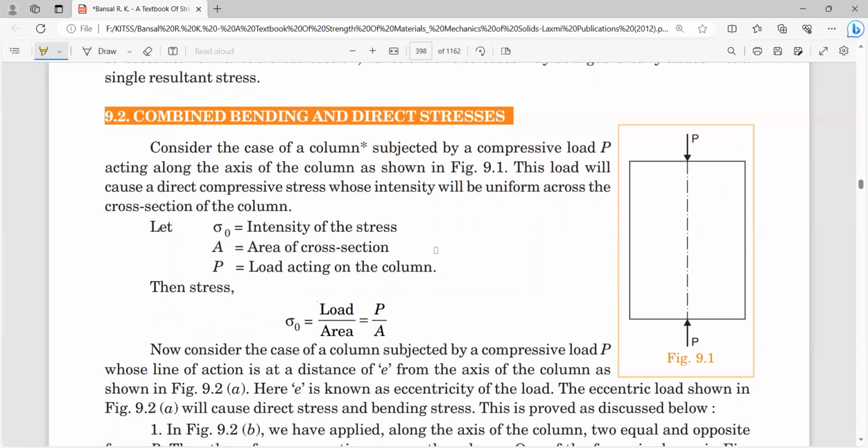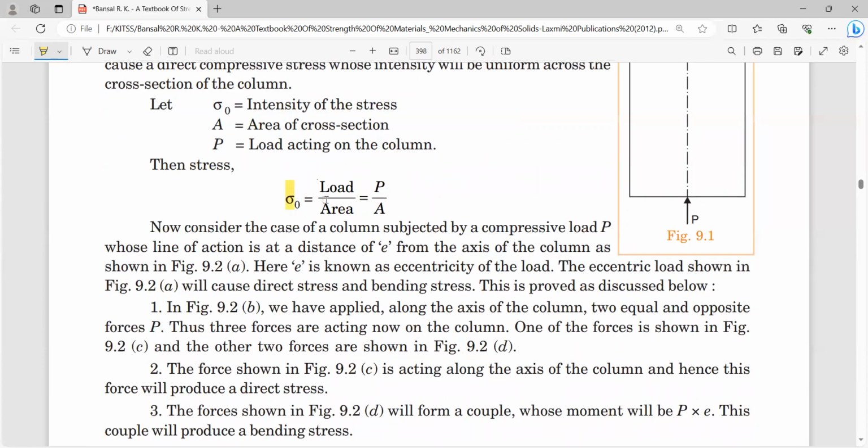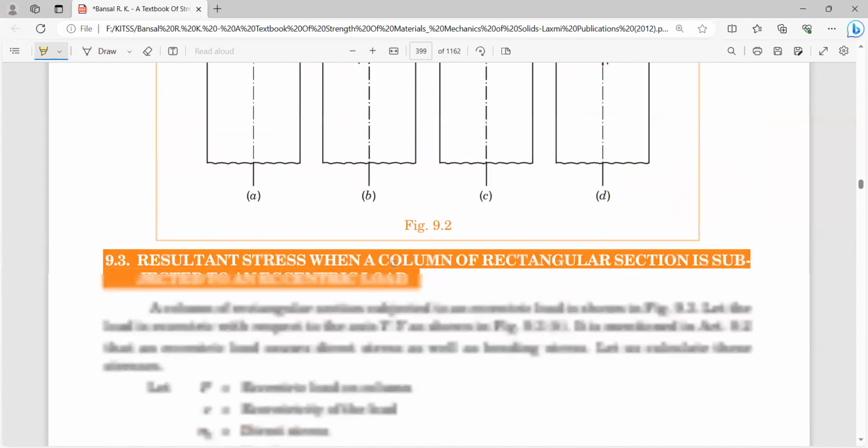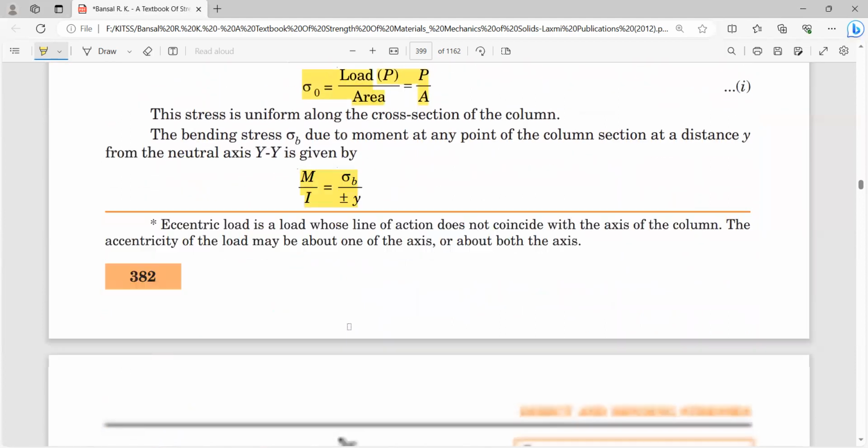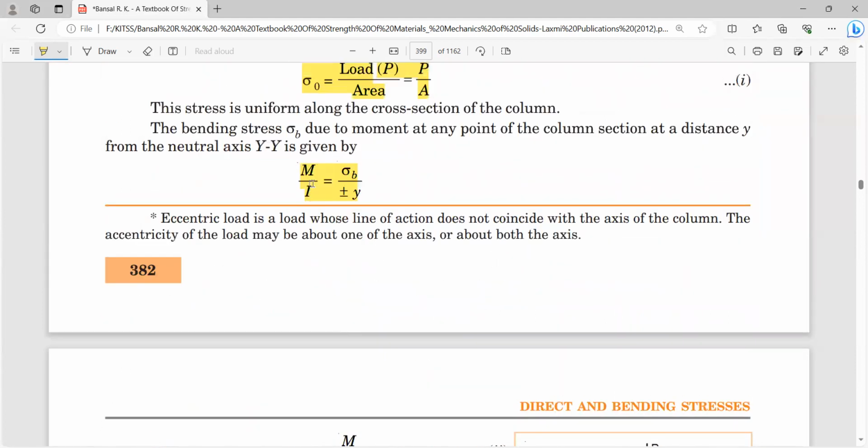Now we'll see the effect of combined bending and direct stress. We will calculate the maximum resultant stress from the direct stress and bending stress, and we'll see here how to calculate the resultant. We know direct stress can be calculated from the formula load by area, and bending stress from the bending equation M by I equals sigma by y.